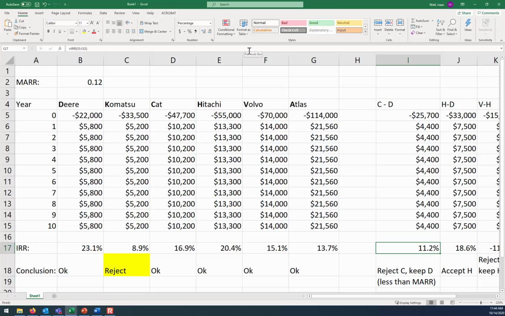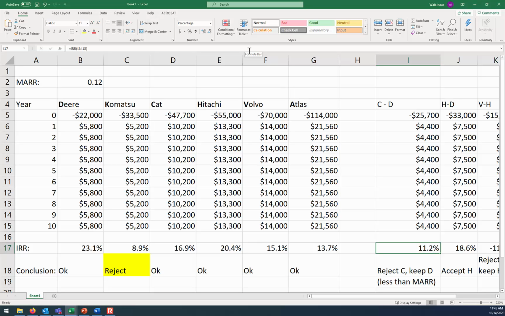In other words, it's not worth it to spend $25,700. That extra amount isn't worthwhile because the additional revenue that it brings isn't enough to justify that additional initial cost. So we reject Cat and we keep the Deere alternative.